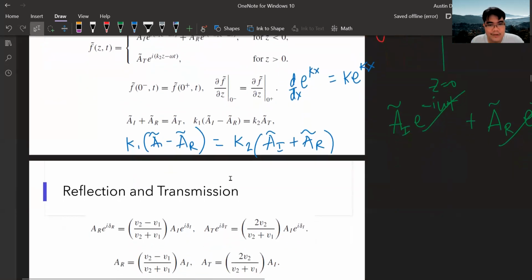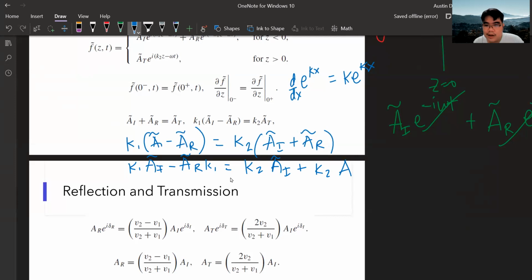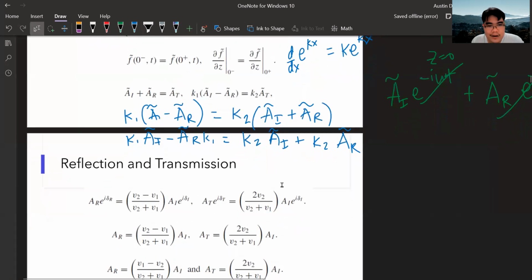So now you can solve for AR in terms of AI. K1 AI, AI. Sorry. Nalilito talaga ako dun. Daming notation. Tapos K1 AI minus K1 AR equals K2 AI plus K2 AR. Okay. And then you solve for AR.